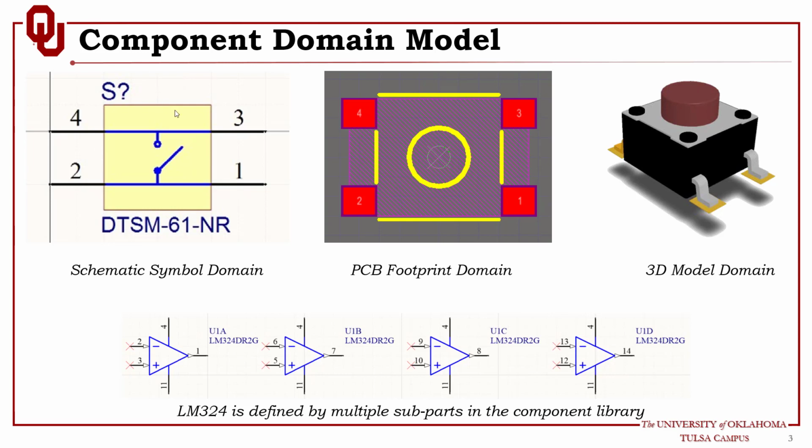Similarly, the schematic symbol can be associated with a simulation model. Each of these representations is referred to as a domain model, and Altium Designer uses this term domain model to refer to different representations of the component.